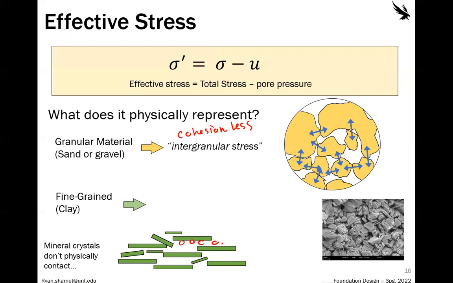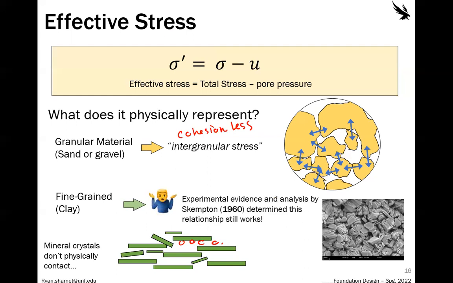So we can't really do the math with intergranule stress, because we can't follow the skeleton of rocks touching each other. There's a lot of research by people spending a lot of time trying to figure out what effective stress physically means in clay soil. But this really important geotech figure, Skempton, found in 1960, from empirical evidence, that effective stress still counts for sands and clays when they are 100% saturated.